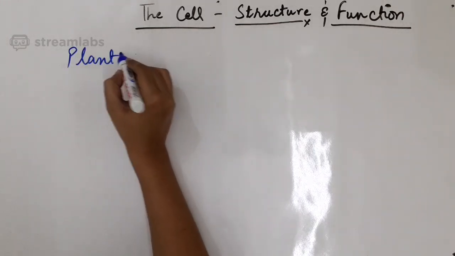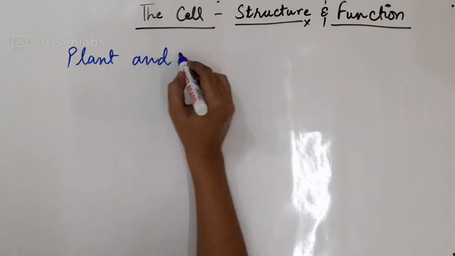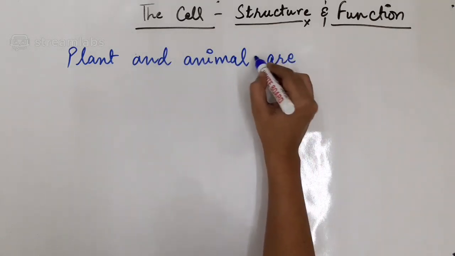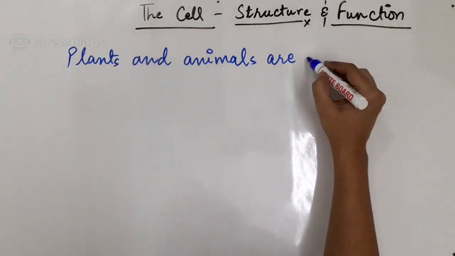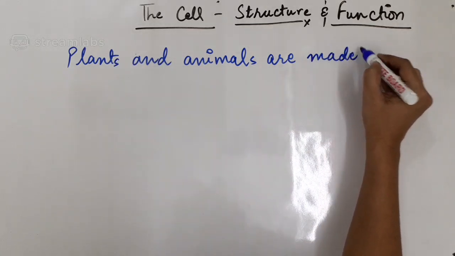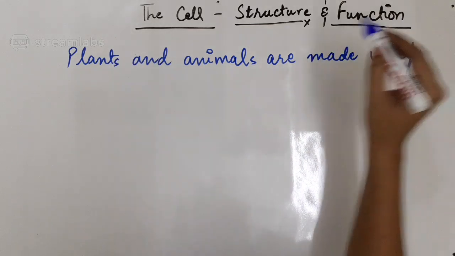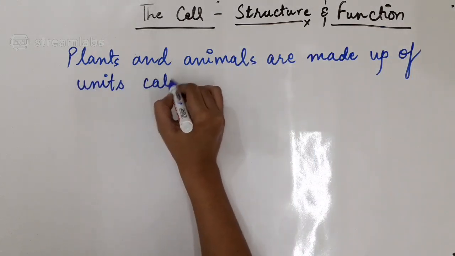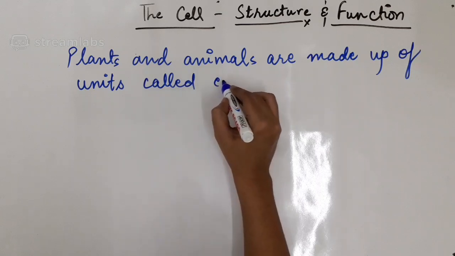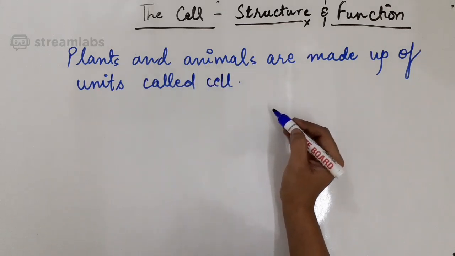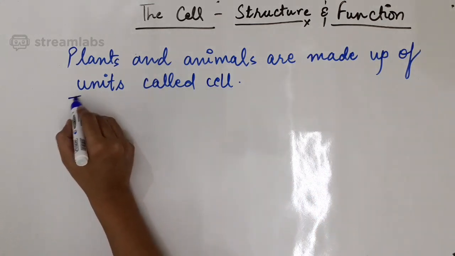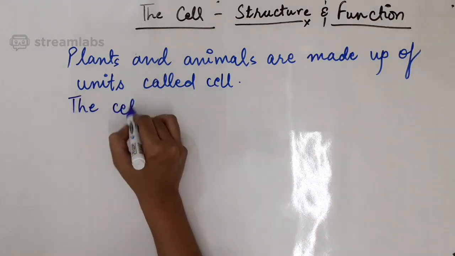The plants and animals are made up of units called cells. The cells are the basic structural and functional unit of life.